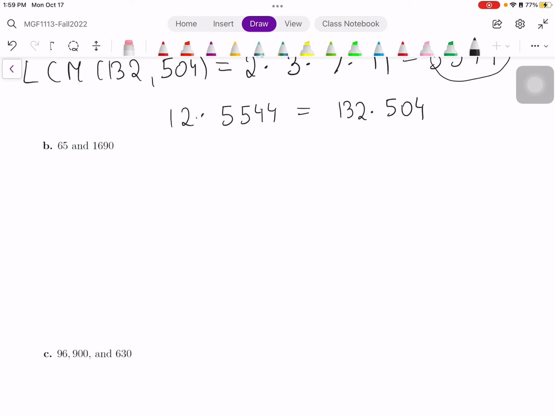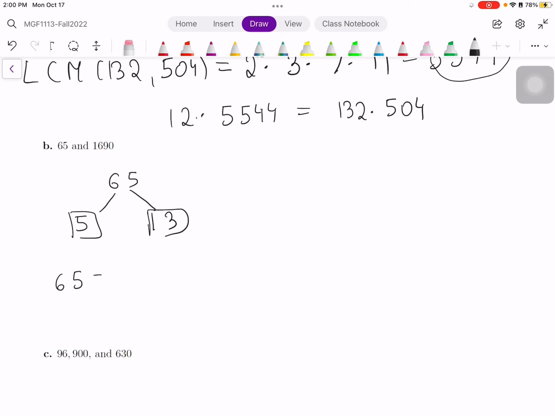Okay, so again, we're doing prime factorizations. So we first need to do the prime tree for 65. The first thing that comes to my mind is 5 times 13. Both of them are already prime.